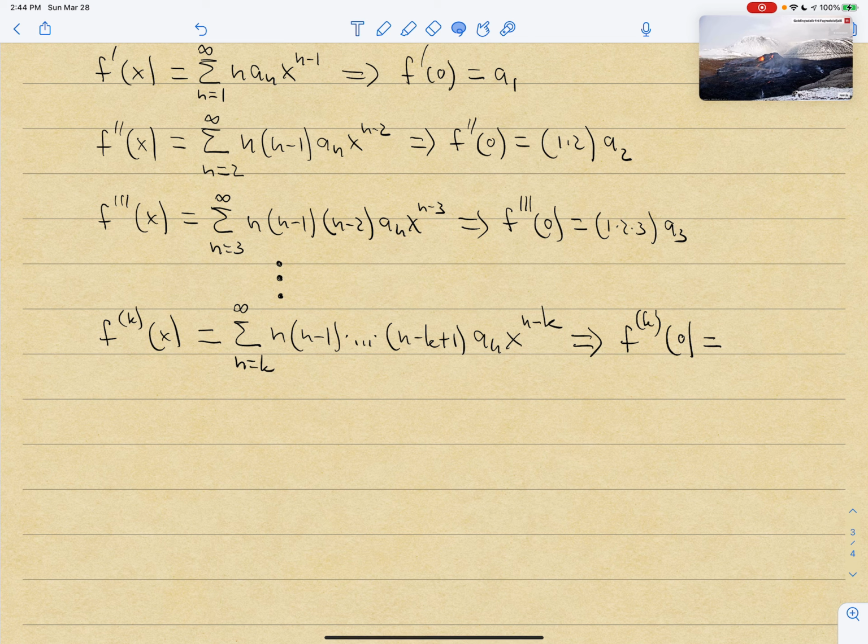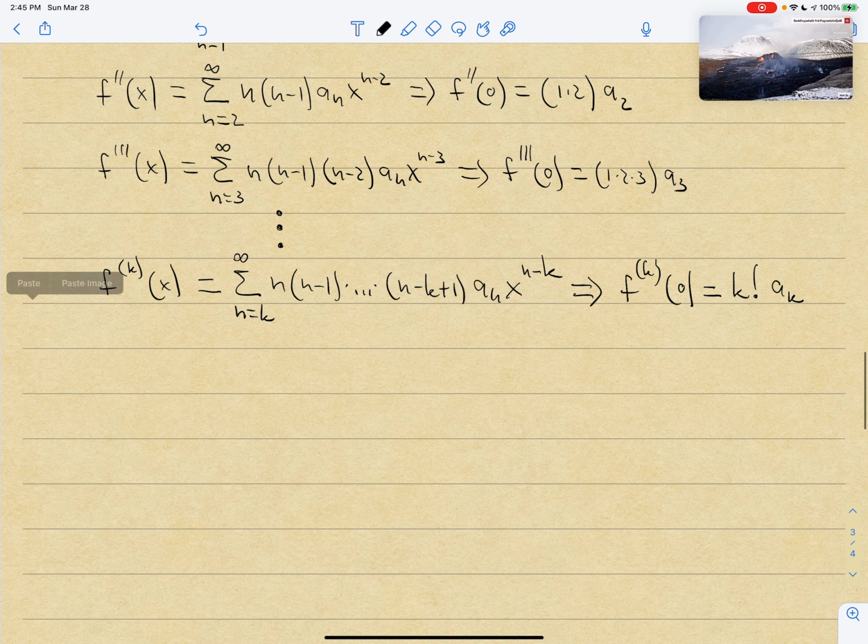And then here I'm going to start from k, then k minus 1, etc. And the last thing will correspond to n being equal to k. So k minus k plus 1 is 1. So this should be a product of all integers from 1 to k. And that is what we denote by k factorial. And then there is ak.